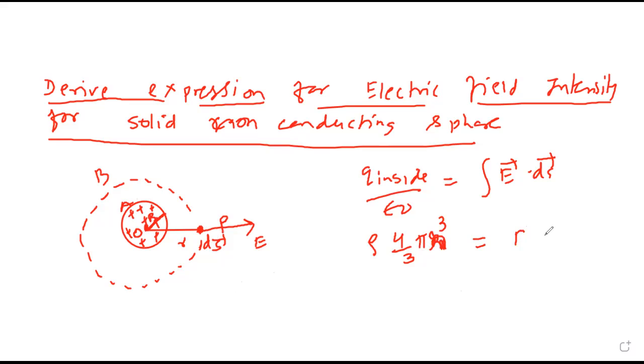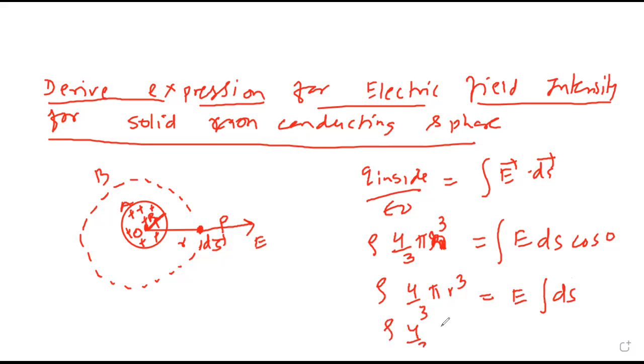This is E dS cos 0. So rho into 4 by 3 pi R cube upon epsilon naught, E into dS cos 0 which is 1. E into the Gaussian area is 4 pi r square.